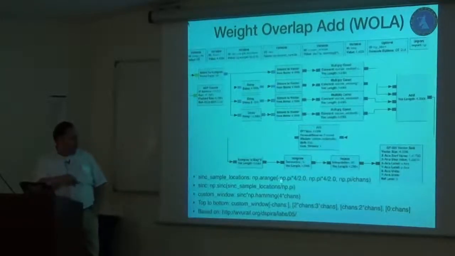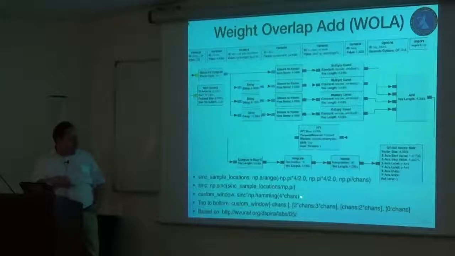So that's another function that simply goes from minus pi times 4 divided by 2 to plus the same, divided by the number of channels. So this simply takes the range from minus pi to plus pi and divides it in the number of channels. Number of time steps.